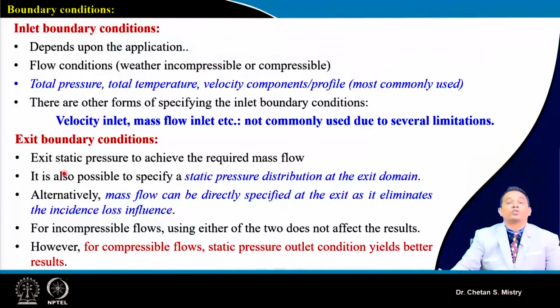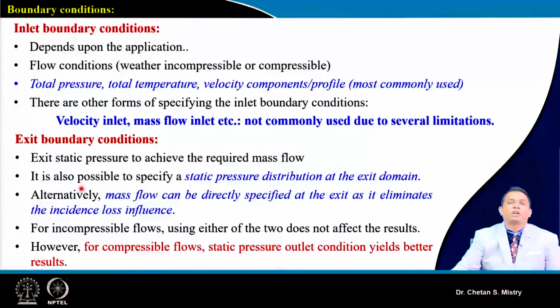By solving those, we get different parameters like pressure, velocity, temperature, density, all those calculations. That is what it is doing. So we must realize this is one of the boundary conditions we can take. Sometimes people put a static pressure distribution at the exit, which can also be considered as one of the boundary conditions.